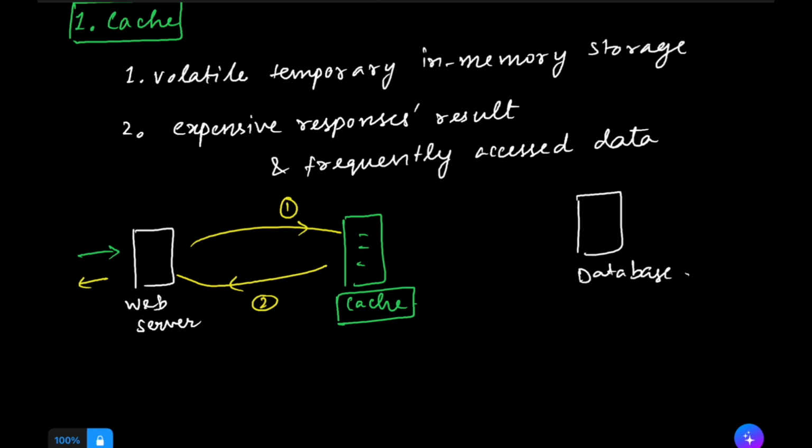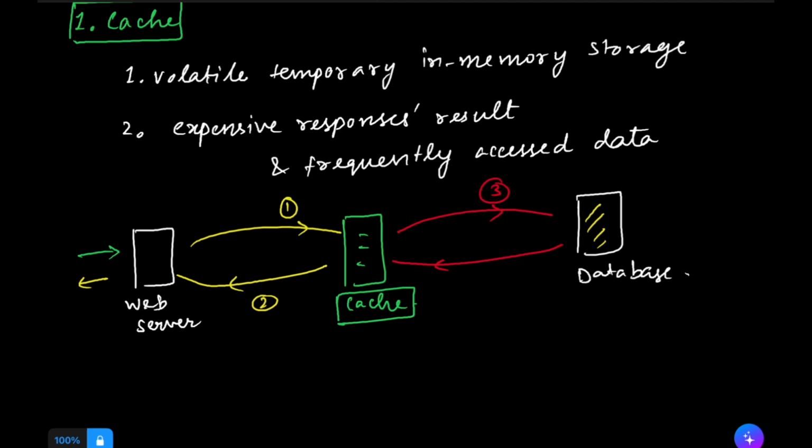If the data is not present in the cache, what happens? The data is already present in the database, but it has not been updated into the cache yet. So we make a database call. The database in turn returns the result to the cache and also to the web server.